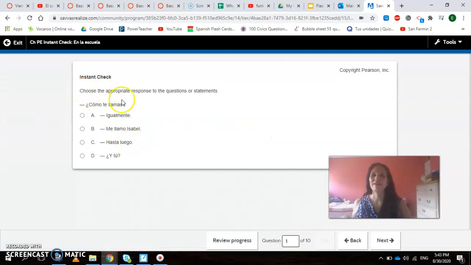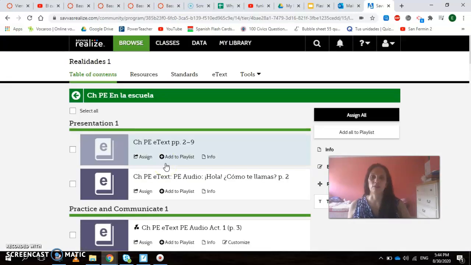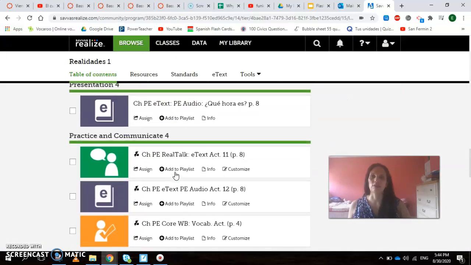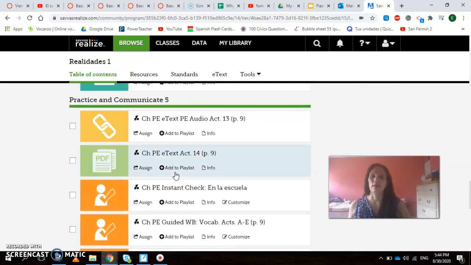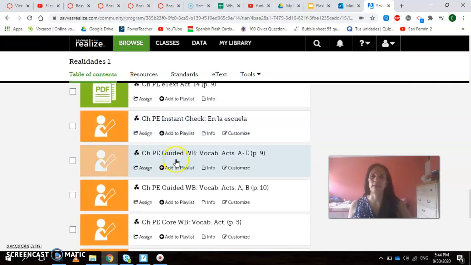Okay, so in this one, you have to select the answer to the question, something that fits the question. So it can be an answer, or it can be another phrase that matches what you're saying. So you're going to have 10 of those. It's multiple choice, so you just need to check the one that you think is the right answer. The next one is this one.